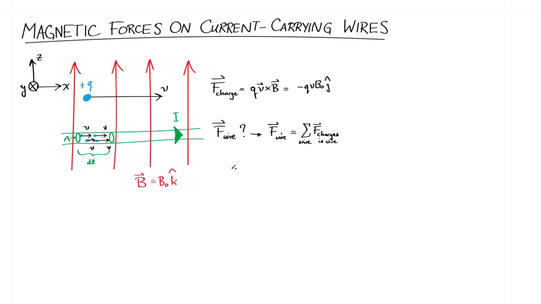All right. So let's just start by thinking about one small segment of the wire. So now I'm going to go to dl. So let's say F on segment dl of the wire. And so that's going to be just equal to the charges in dl, in that little section of the wire.